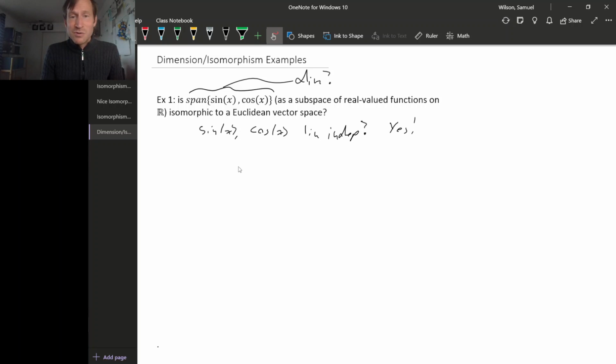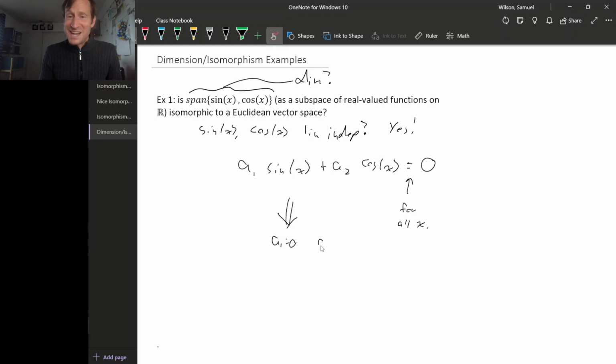Because the equation a1 sine x plus a2 cosine x equals 0. And right, when we write this equals, we mean equals as functions. So we're saying that this is supposed to be true for all x. The only way to make these equal for every value of x is for a1 to be 0 and for a2 to be 0.